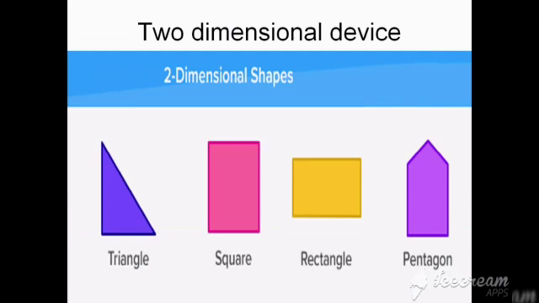For example, the blackboard, paper, tabletop, land. So wherever you see the flat portion, students, of two measurements, they are known as two-dimensional objects or devices. Understood? So these are some of the examples I have kept in front of you, so you will be able to understand very clearly.